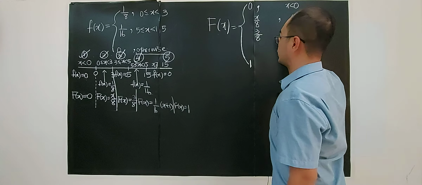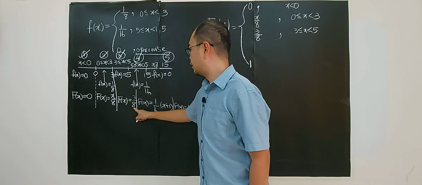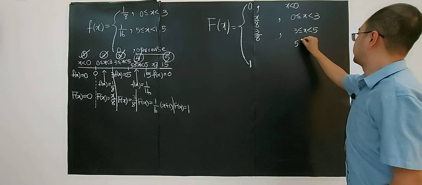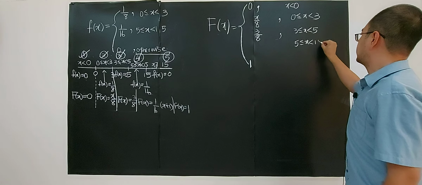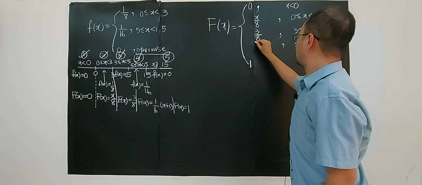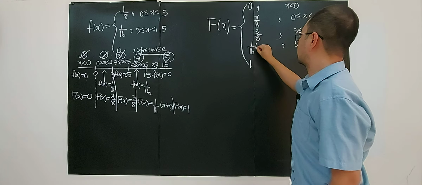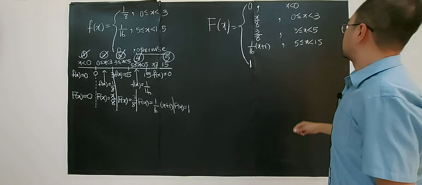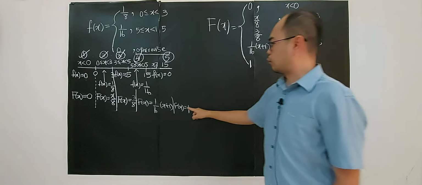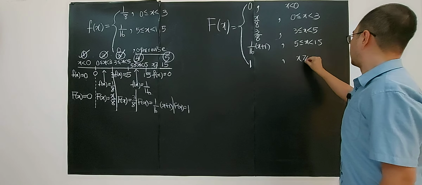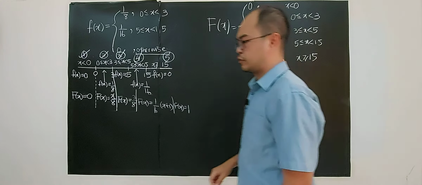Now the fourth interval, 5 up to less than 15. During this time, your cumulative will be 1 over 16, (x plus 1). And 1 is for the fifth interval, which is x more than or equal to 15.